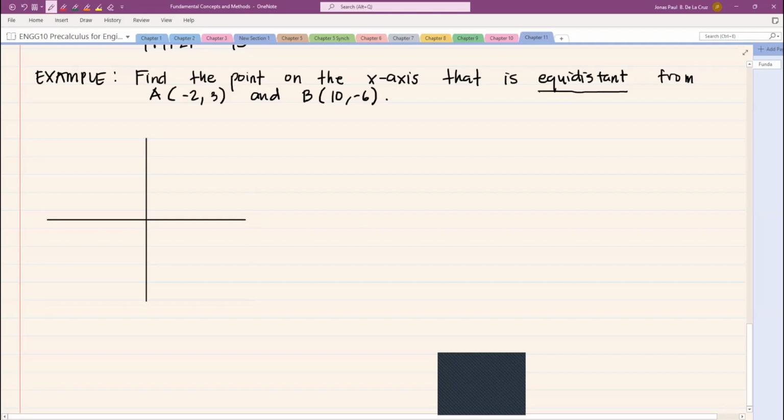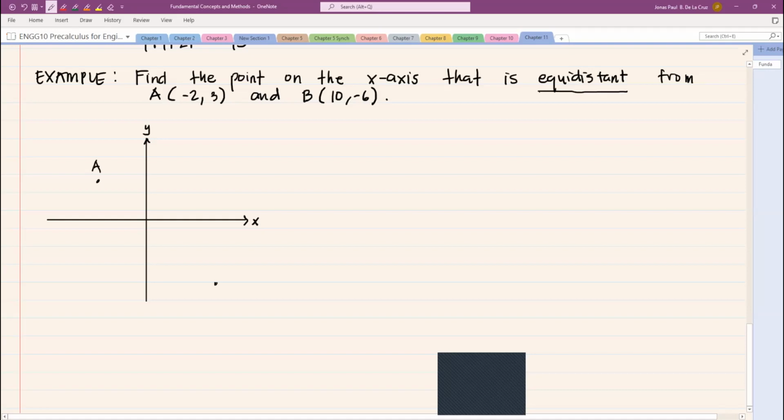So, this is X, this is Y. Point A is on the second quadrant kasi negative yung kanyang X coordinate, positive yung kanyang Y coordinate. Whereas yung point B, positive yung kanyang X, negative yung kanyang Y. So, it's on quadrant 4.